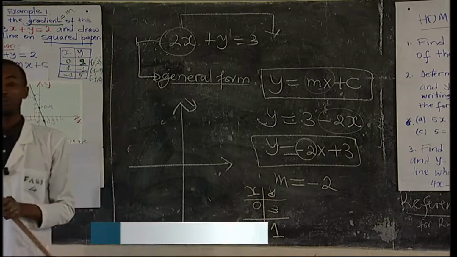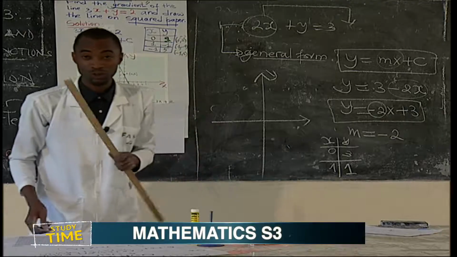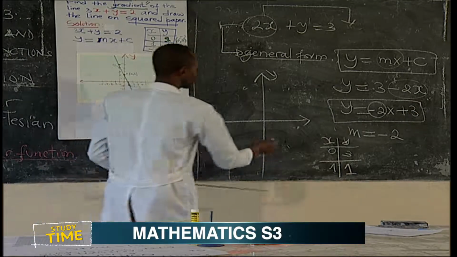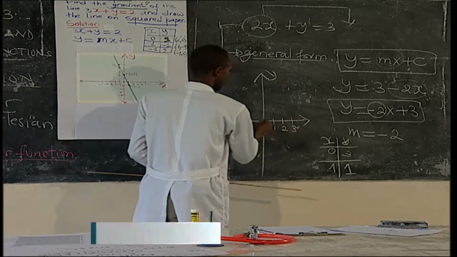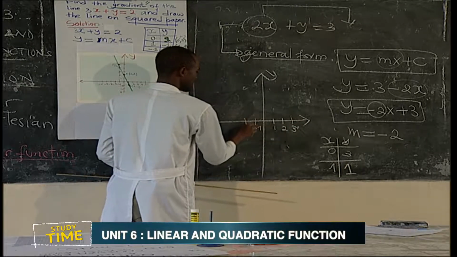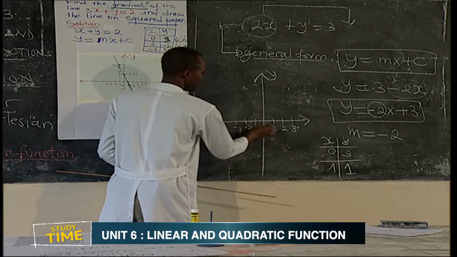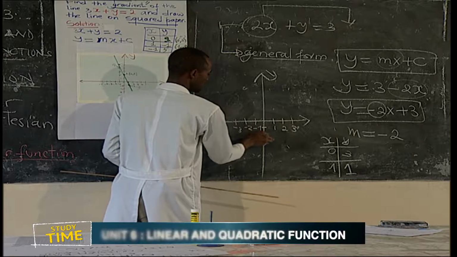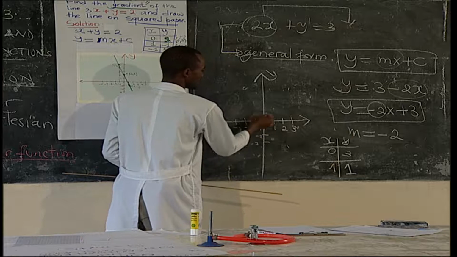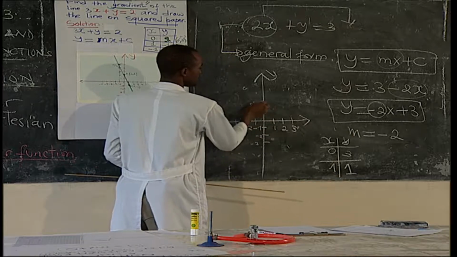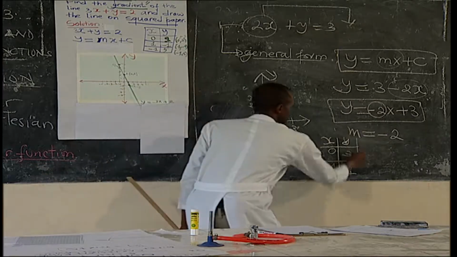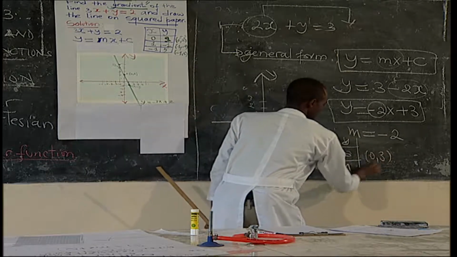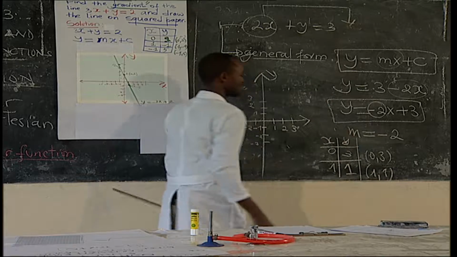Remember, I told you 2 points are enough for you to draw a line. Here I have 1, 2, and 3, and negative 1, negative 2, negative 3. As you have the coordinates of the points, here you have (0, 3), and here you have (1, 1). I bring them here.